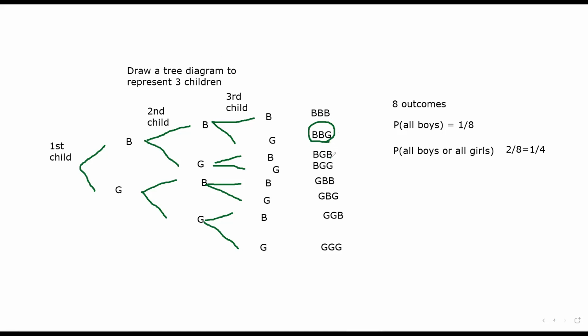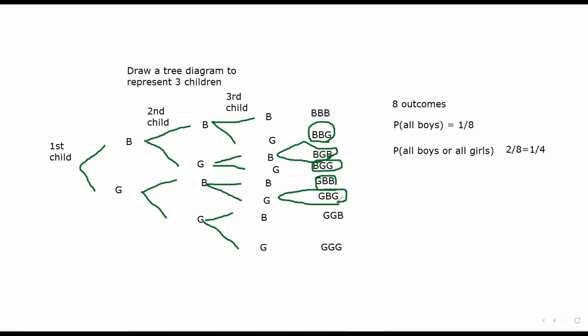Here's another one with 2 boys and a girl, right? Or you choose the ones with 2 girls and 1 boy in it. So you also choose this one, because it has 2 boys and a girl. Here, this one has 2 girls, right?